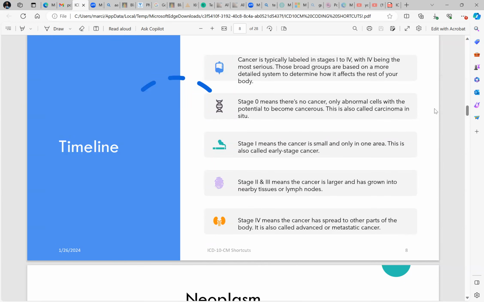Stage 1 means the cancer is small and in only one area, and this is also called early stage cancer. So if someone says they have early stage cancer, this is typically stage 1. Stage 2 and 3 means the cancer is larger and has grown into nearby tissues or lymph nodes. And stage 4 means the cancer has spread to other parts of the body, and it's also called advanced or metastatic cancer.